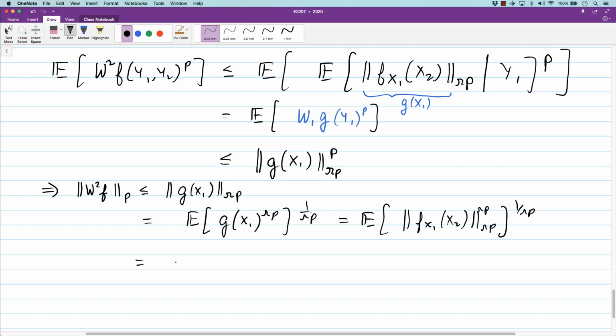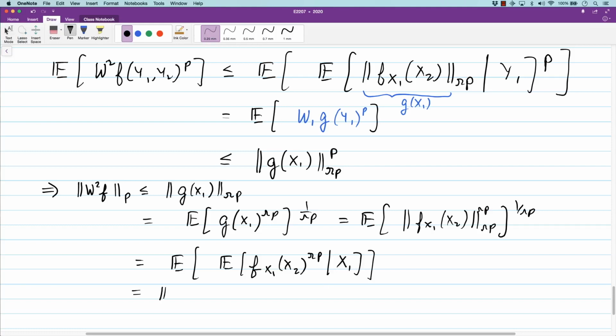This inner norm is nothing but the expectation of f of x1, x2, this expectation is over x2 and this one is over x1, to the power rp, given x1, just to be explicit here.